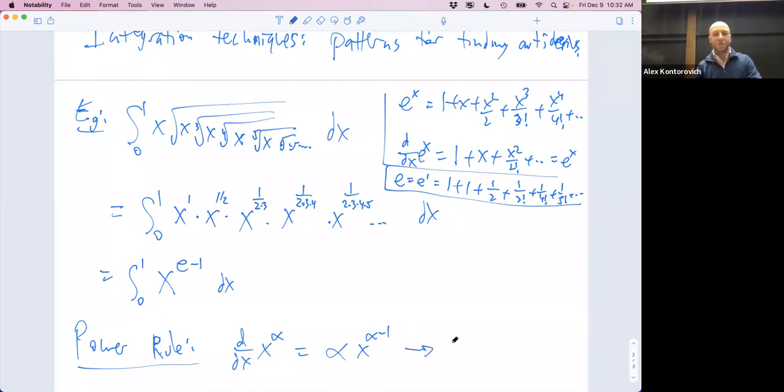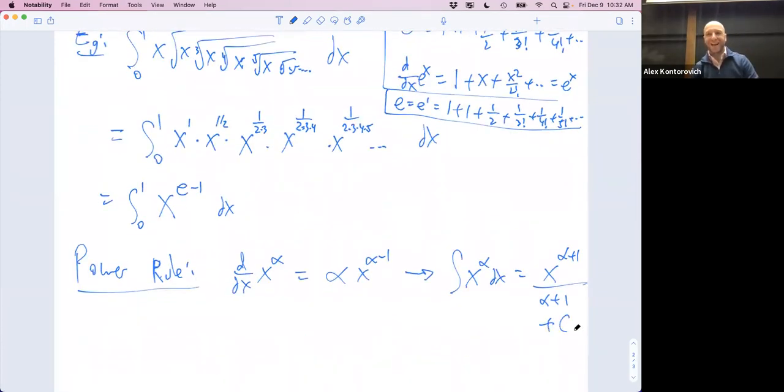That means we have an integral rule, which is that the antiderivative of x to the alpha for any power alpha is x to the alpha plus 1. But if I differentiated that, a factor of alpha plus 1 would come down, so I need to divide by alpha plus 1. Plus c. Okay? Any antiderivative will be this one plus a constant.